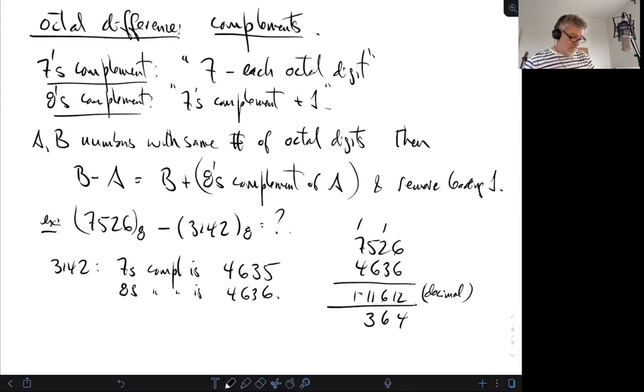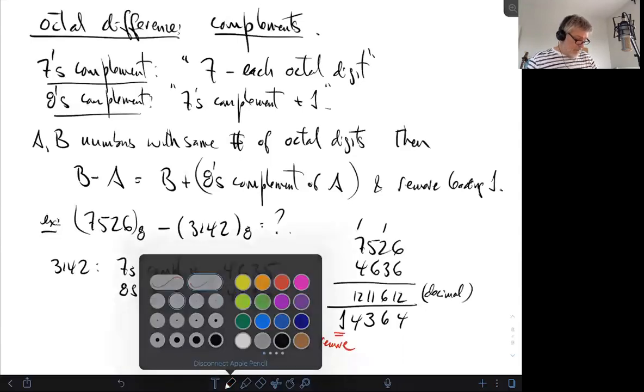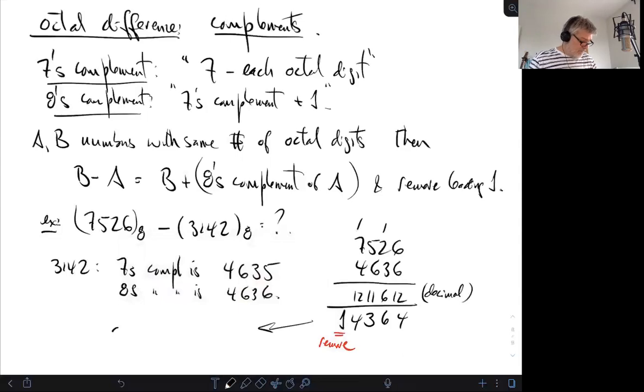That's 12, which is 4 and a carry of 1. But I'm doing a subtraction using the complement, so the leading one is removed. Right? And so the answer is 4364 octal.